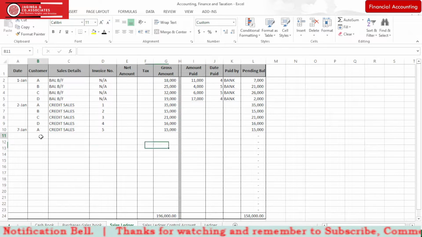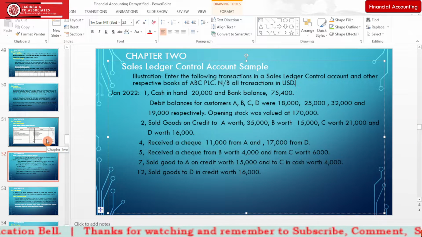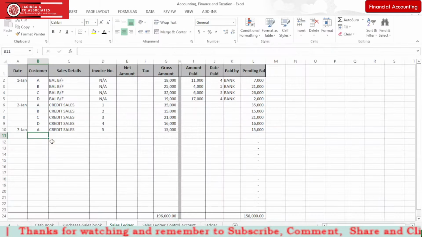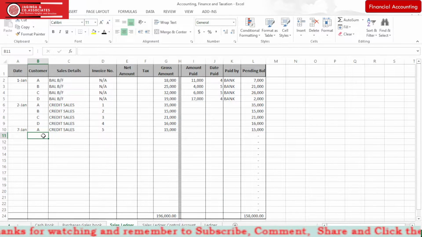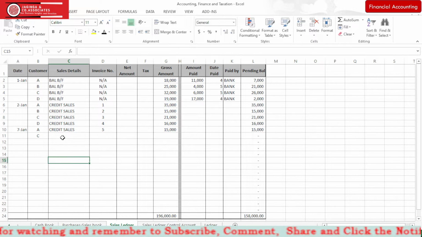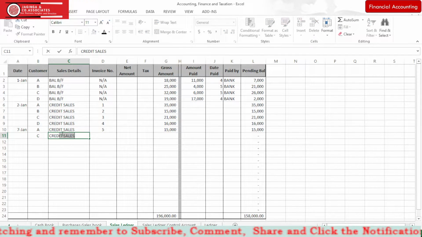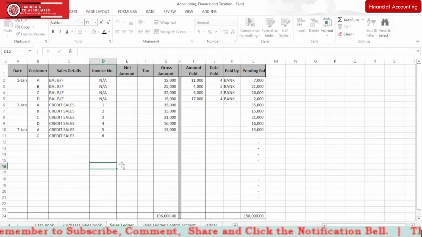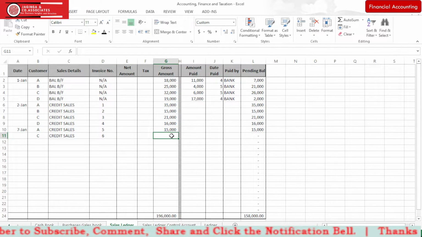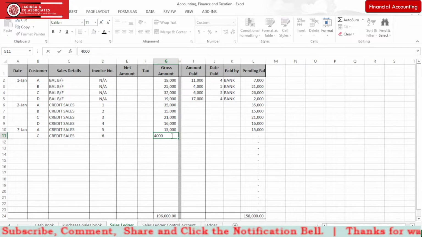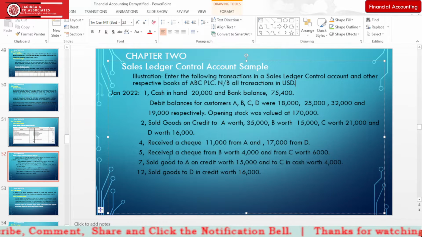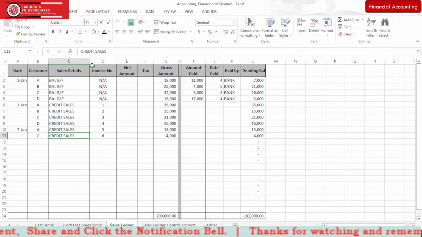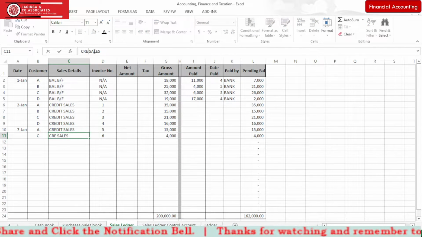And on the same date you also sold goods to C worth 4,000. This was cash sales, not credit sales.